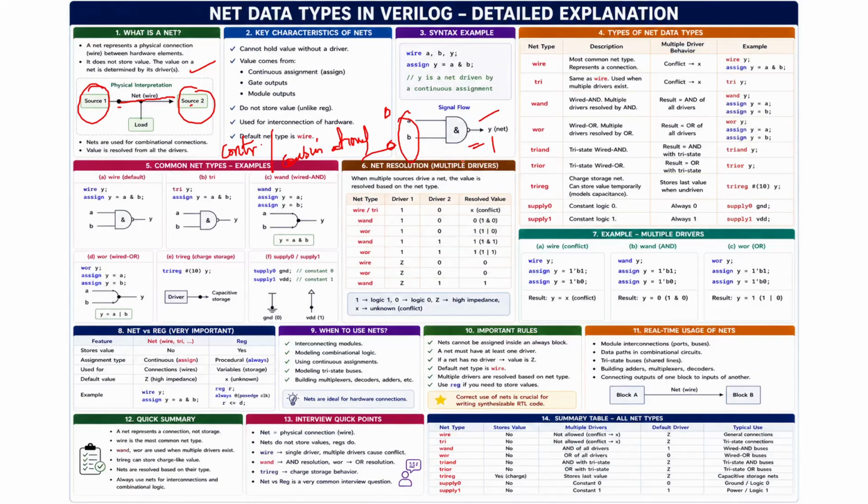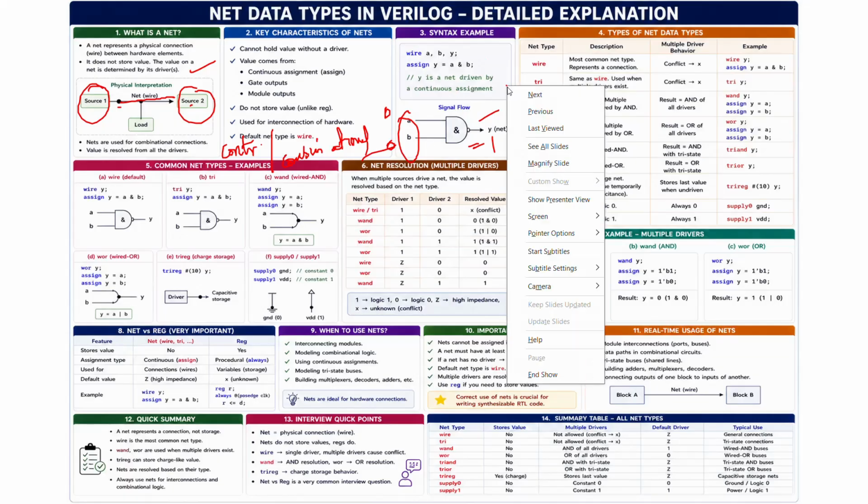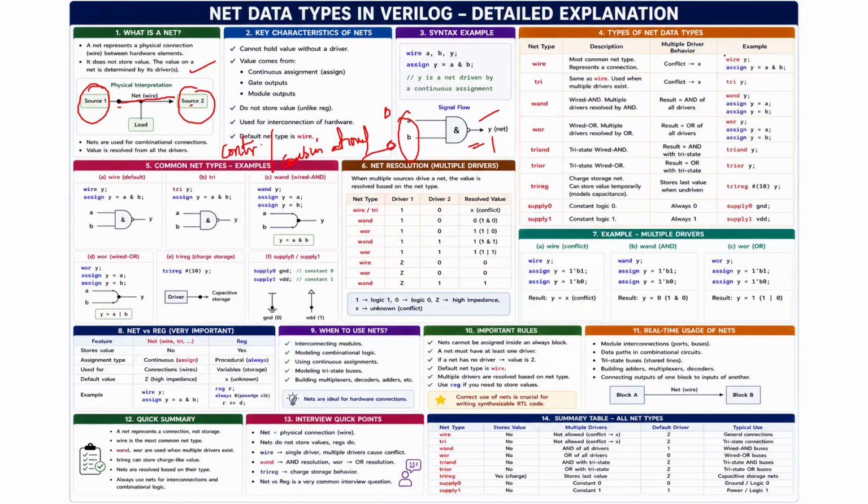And then if you drive different values, that is the problem. In the net type, most of the time we get conflicts when the same wire is driven by different values. For example, assign wire y equal to a and b. While I am driving a and b values here, sometimes I drive 1 and next time I drive 0 without any delay.